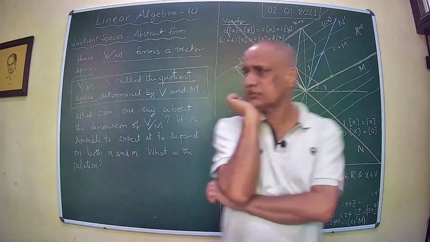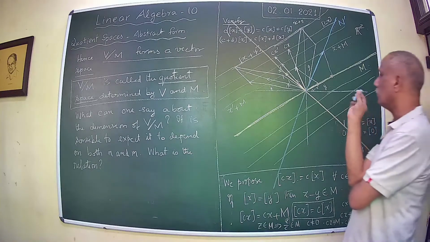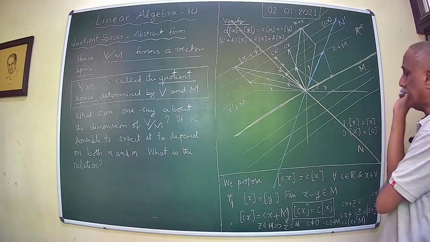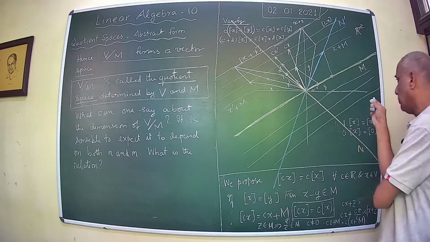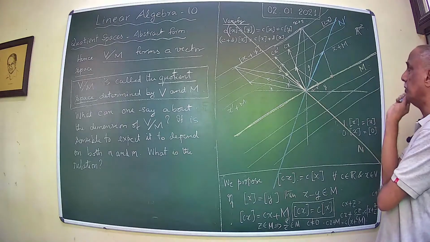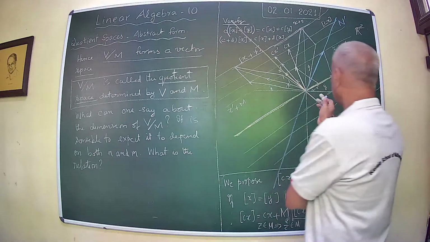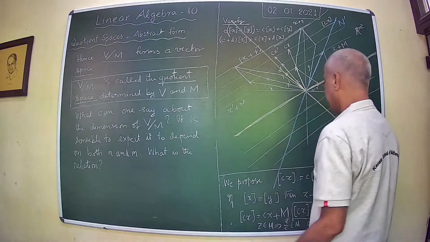Only that you see that N prime is also a complementary subspace, in the sense that the intersection of M and N prime consists of only the 0 vector, and every representation of a vector in V as a sum of a vector in M and a vector of N is unique. So also the representation of a vector as the sum of a vector in M and a vector in N prime is unique.